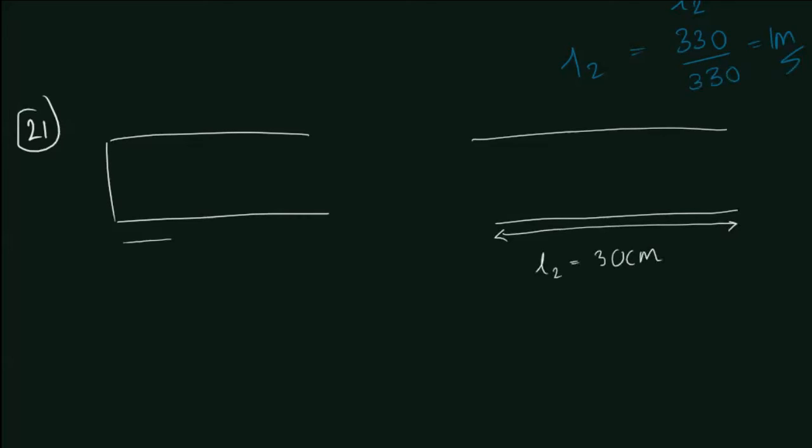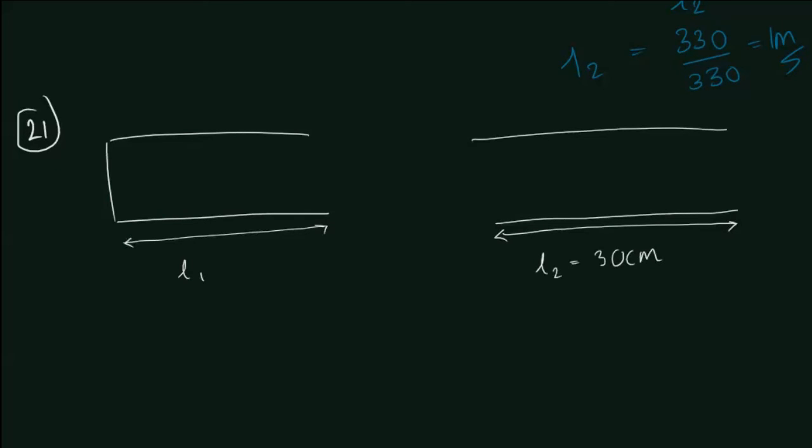Do we know the initial length of the closed tube? No, let's assume it is L1. Now let's assume this is the frequency F1 and this is the frequency F2. These are not overtones, so I marked them F1, F2 as the fundamental frequencies of the two waves. You might confuse it with the overtones, so I will not mark it as F1, F2.